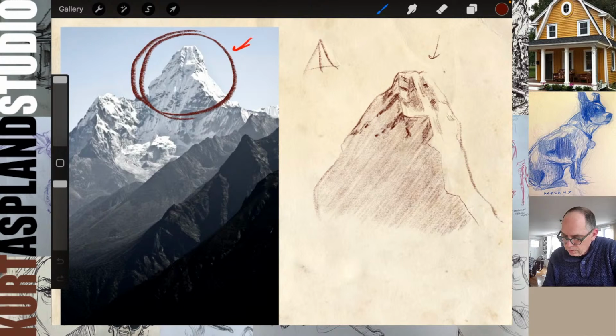Being very careful to make sure that my rocks on the sunny side aren't nearly as dark as they are in the shadow. Remember, you have four tones we're dealing with.